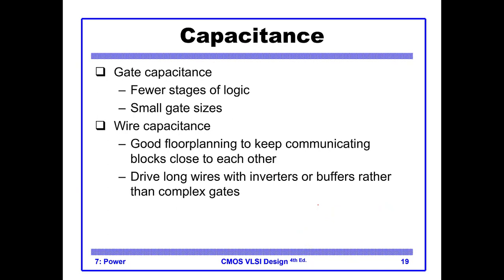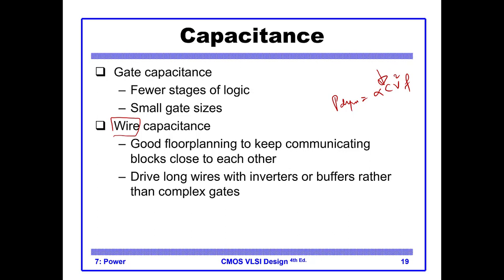Then again, if we write the dynamic power, alpha c v square f, the second thing to consider is to reduce the capacitance. There are two kinds of capacitances. One arises from the gates, and you can reduce it by using fewer stages of logic, or you can use smaller gates. The second capacitance is wire capacitance.